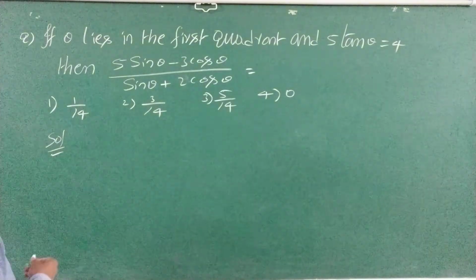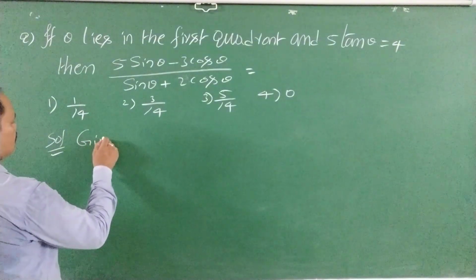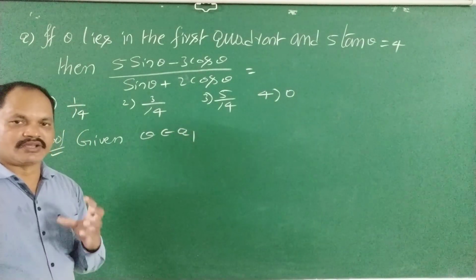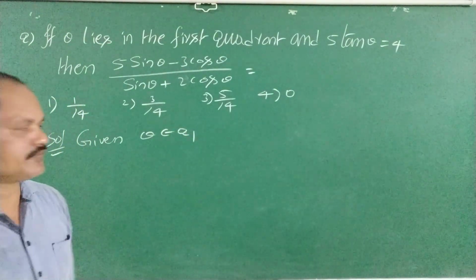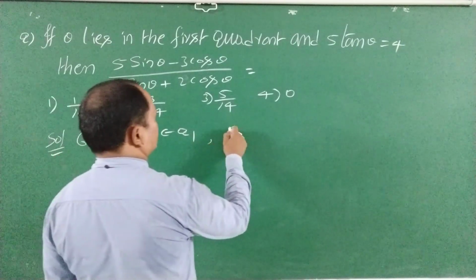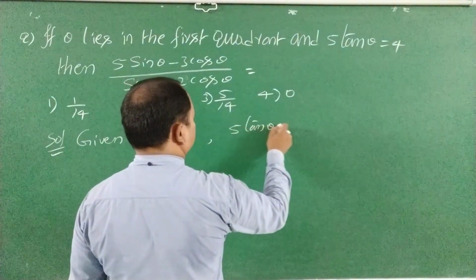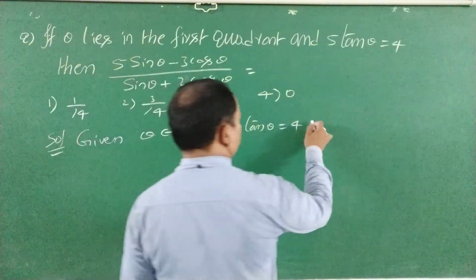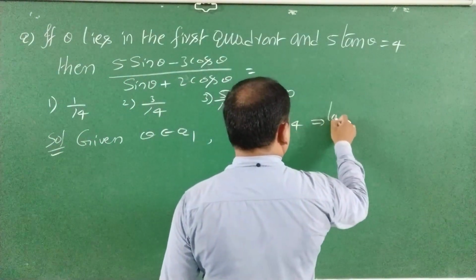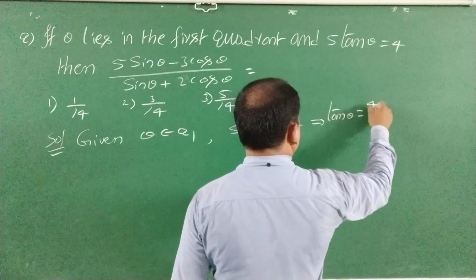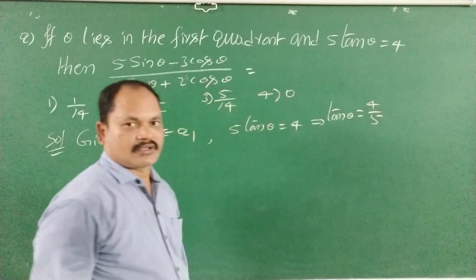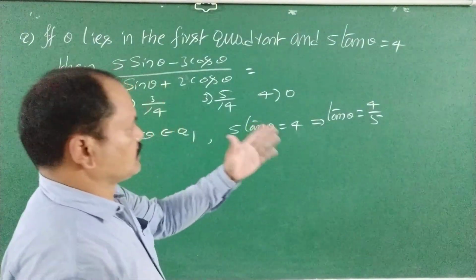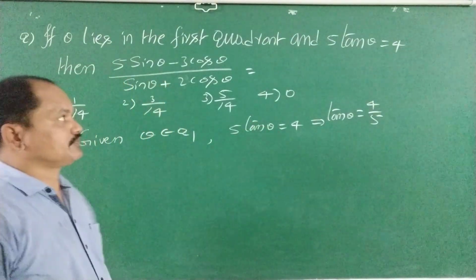So given theta belongs to Q1, that's why in the first quadrant all are positive, and also given 5 tan theta is equal to 4. So from this, tan theta is equal to 4 by 5, which is positive.